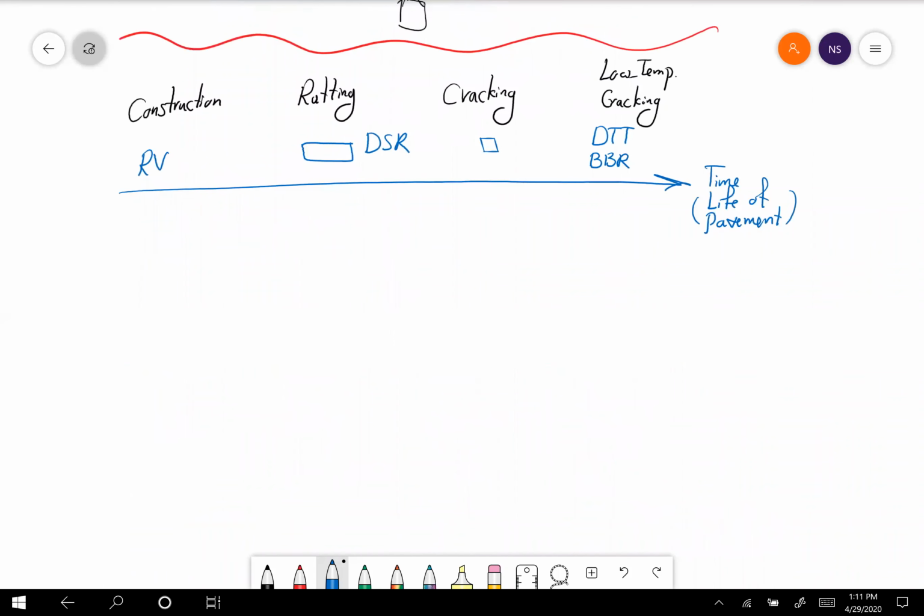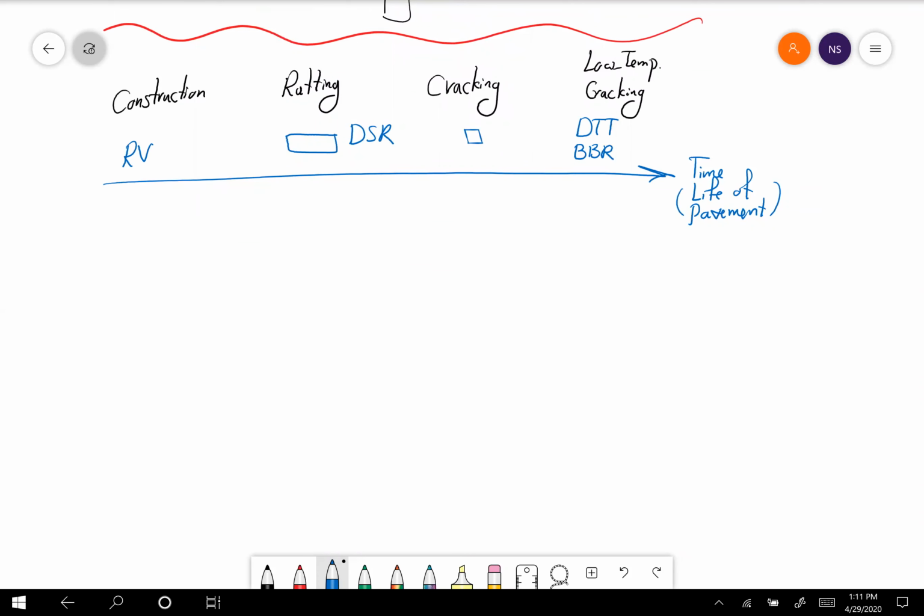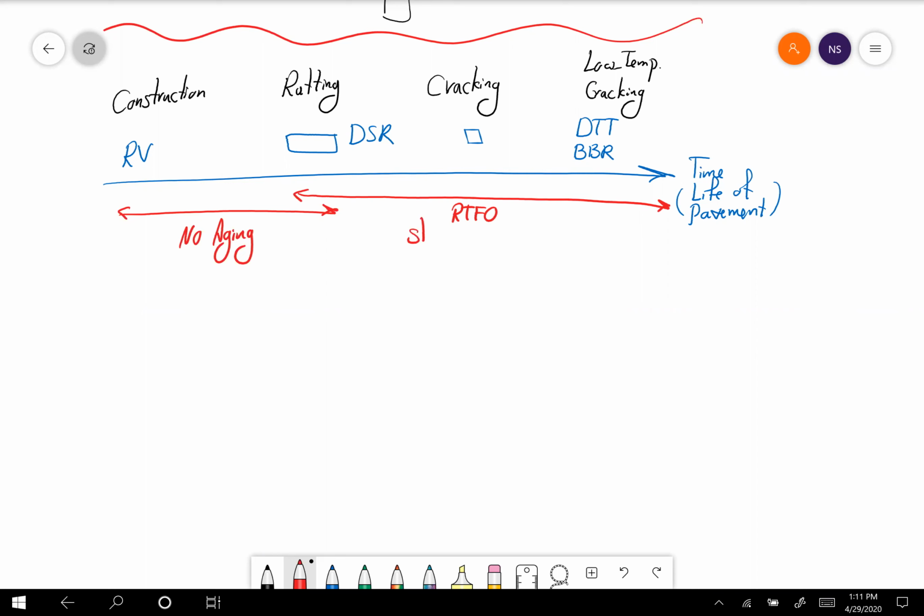Okay, so going back to the timeline, starting from the construction until about these times, you have pretty much no aging, right? And then after that, you simulate the aging from this stage until somehow the end by using the RTFO, the rolling thin film oven, for the short-term aging, right?